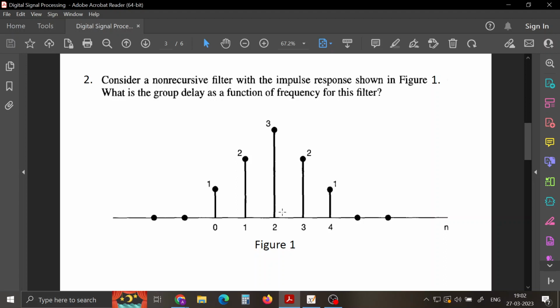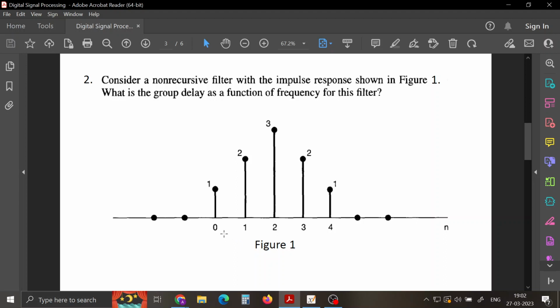Those are recursive systems, which we saw when sir discussed the recursive implementation of FIR filters. This is a non-recursive system, so it won't involve any feedback term like y of n minus 1. This h of n is non-zero from 0 to 4.